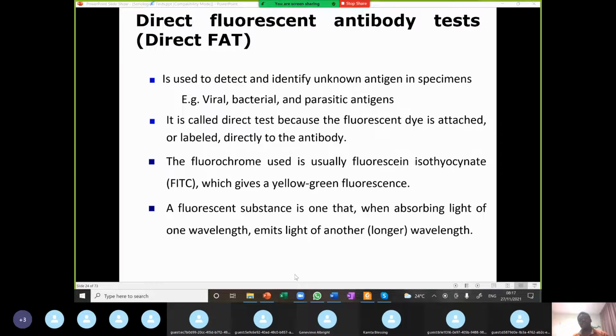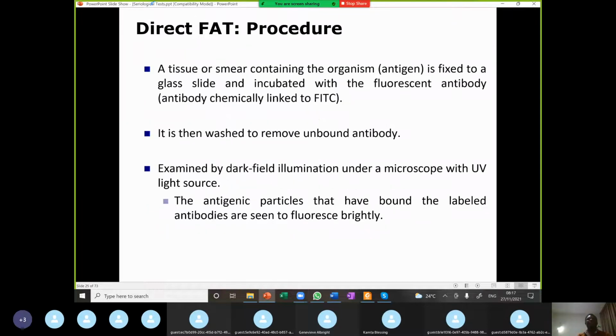I'm sure with Dr. Moka and Dr. Lem, you have been drilled on the different types of microscopes, so you understand the principle of fluorescent microscopy very well. So this is the procedure. A tissue smear or a tissue sample of blood or serum is fixed to a microscope slide.